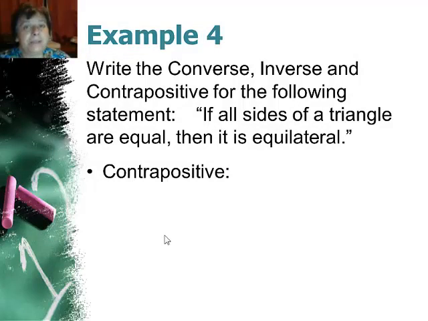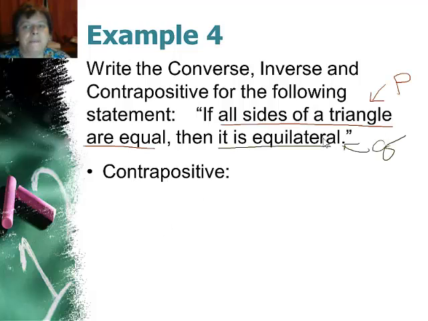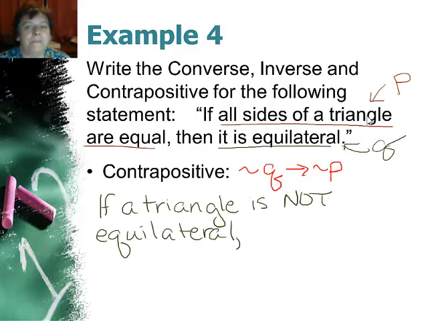The contrapositive, you're doing both, switching and negating. So again, we still have the same hypothesis and the same conclusion. Now the conclusion is going to come in front with a not, and the hypothesis will go in back with a not. If a triangle is not equilateral. Now I could have said if it is not equilateral, and that would have been fine.